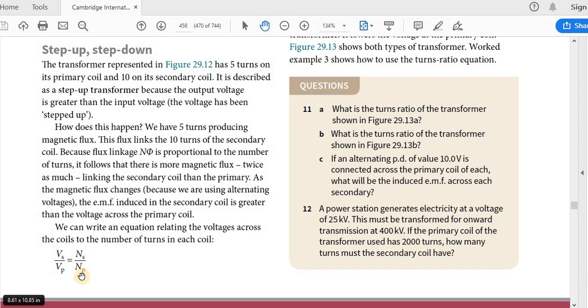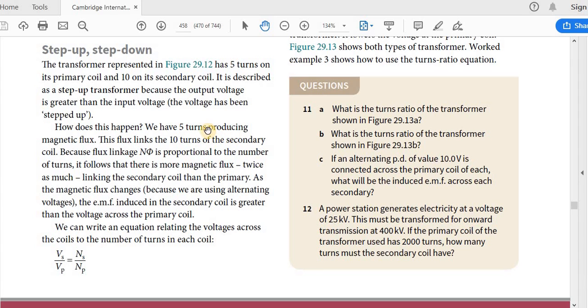You can also write Ns over Np equals Vs over Vp. Ratio of the voltages, you can say, is equal to the ratio of the corresponding turns in the coils. Okay, so already you have learned this formula.